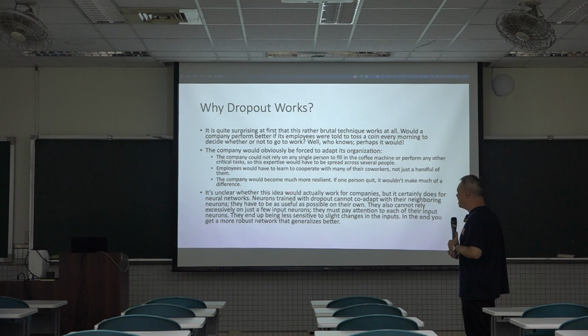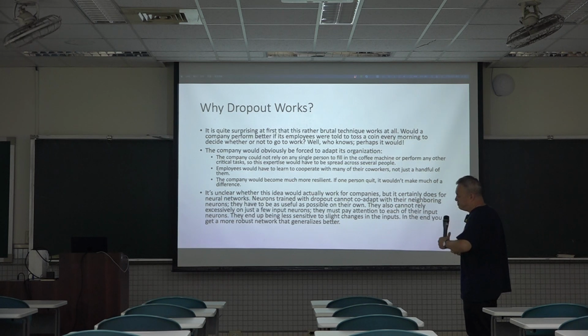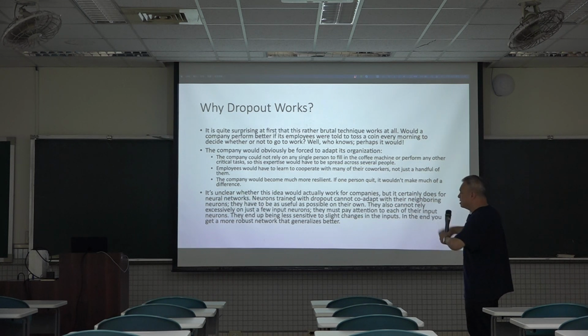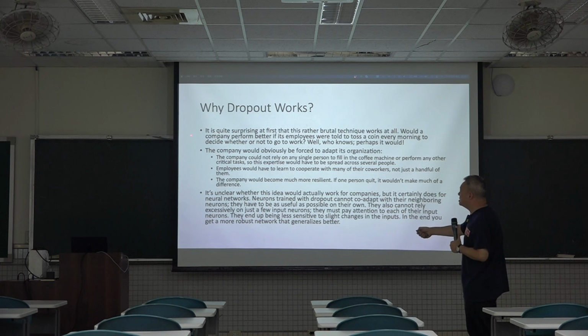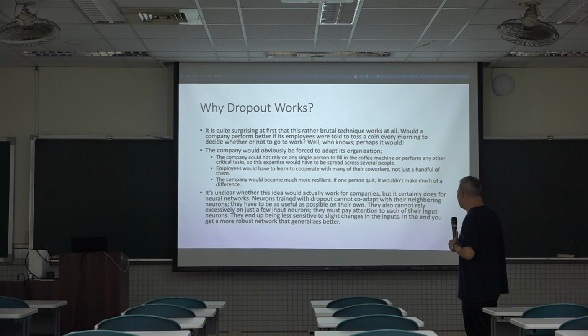They have to be as useful as possible on their own. This sentence is exactly the reflection of the first observation from the company example. Also, they must pay attention to each of their input neurons.